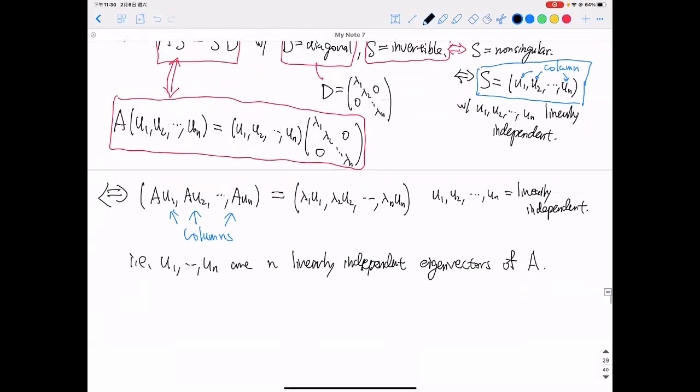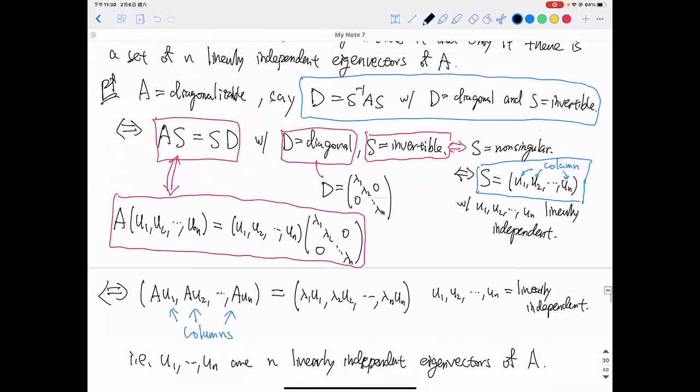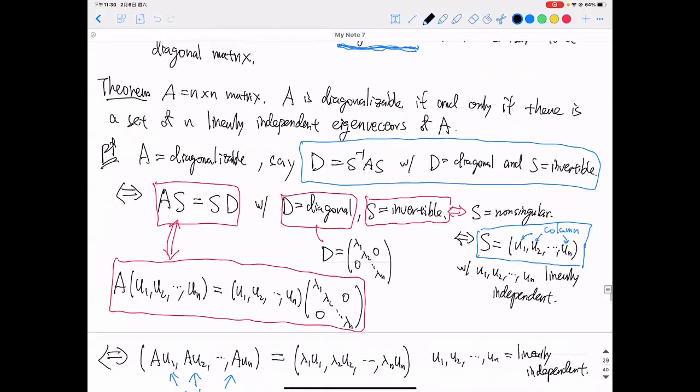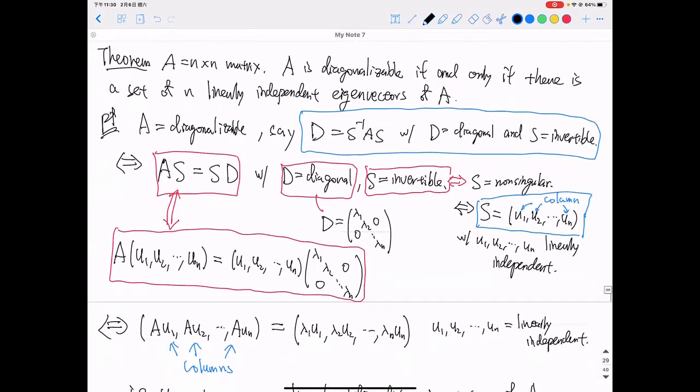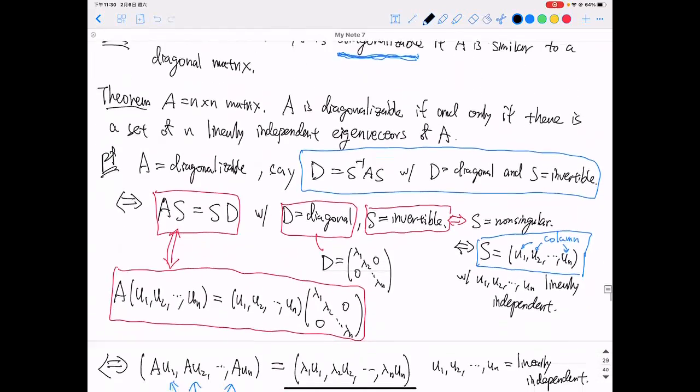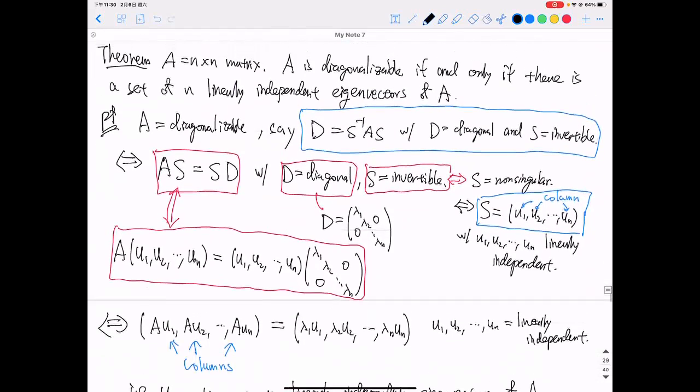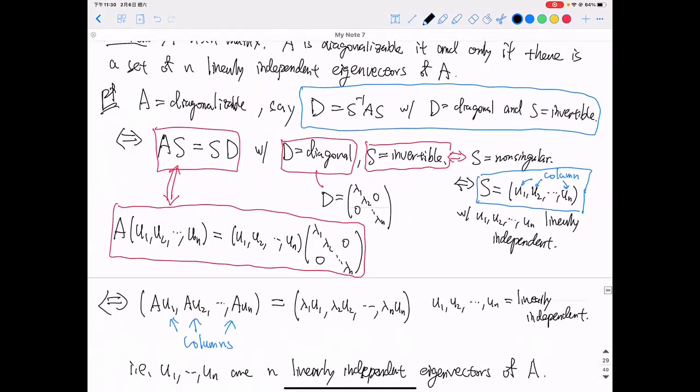So now looking at the proof of this theorem, we know exactly how we want to try to diagonalize a matrix, right? We need the eigenvectors.